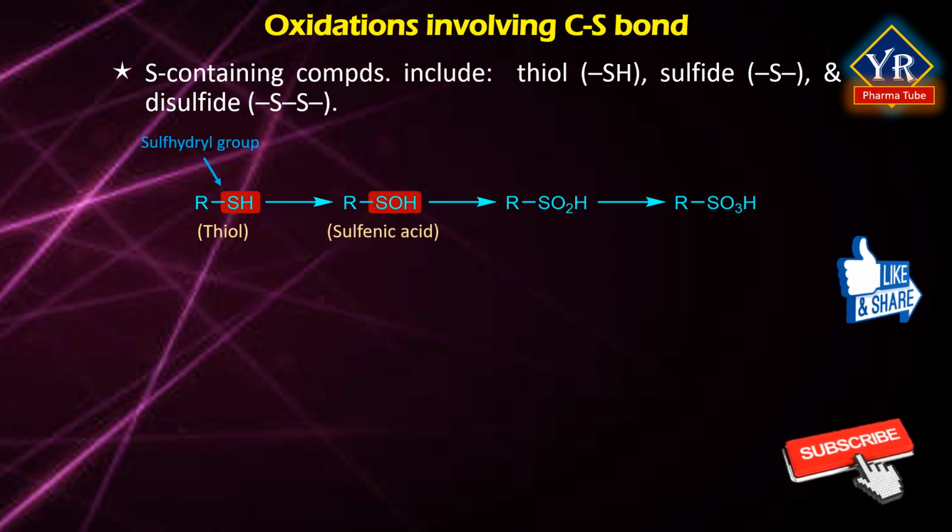Sulfenic acids can be oxidized further to sulfinic acids and sulfonic acids, but this is not usually observed in vivo. Depending on the substrate, this pathway is mediated by cytochrome P450 and/or flavin-containing monooxygenase enzymes.